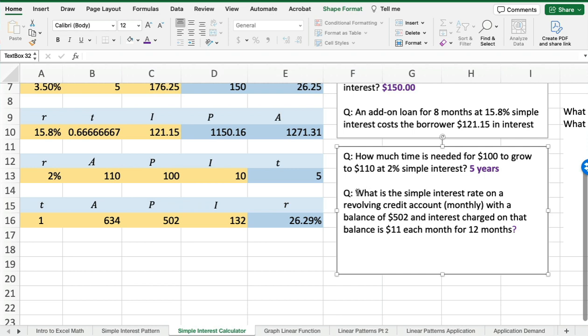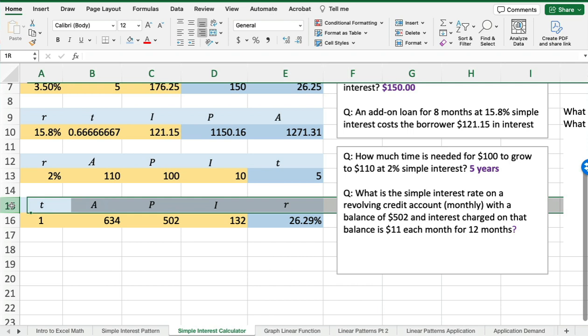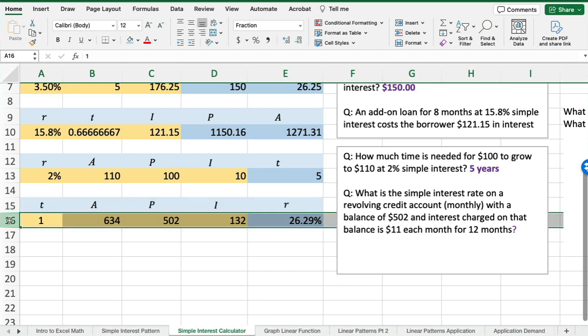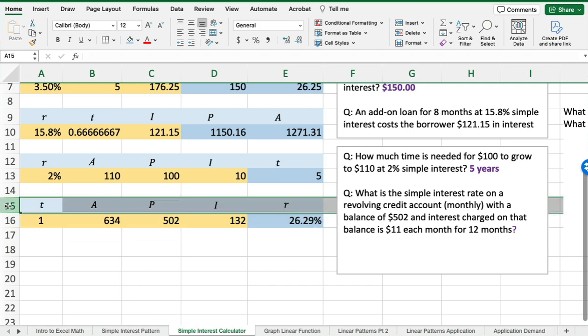So what is the simple interest rate? So that right there gives us a clue. When it says what is the simple interest rate, we know that we are solving for R. So that brings us down to these last two rows where we are solving for R.